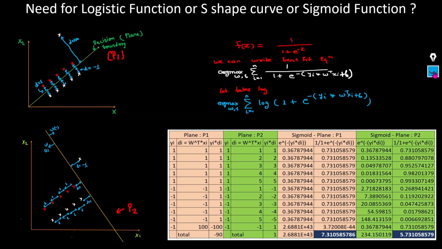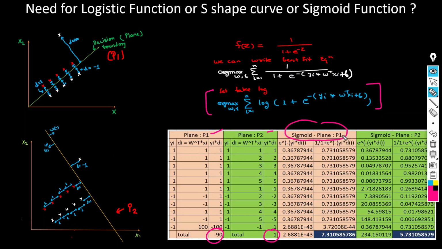So here what I am doing, I am calculating the output of this particular equation. This we have already calculated, minus 90 and plus 1. So by using the sigmoid function, I am calculating the output value of the P1 plane. So I am getting 7.31. For the P2 plane, I am getting 5.3, right? So before the sigmoid function, this is your minus 90 and P2 is your plus 1.